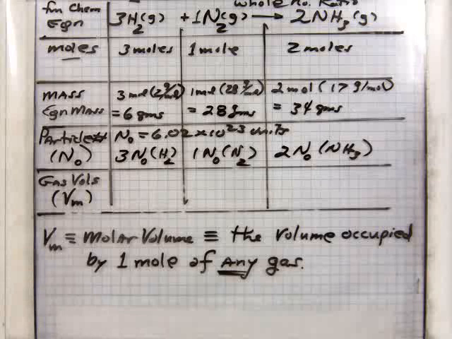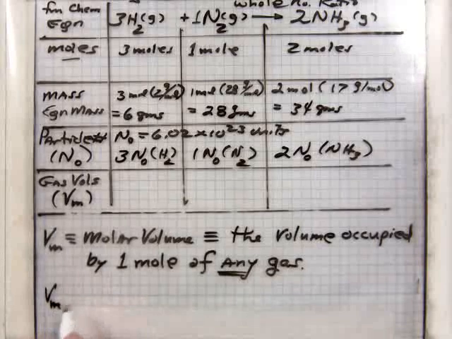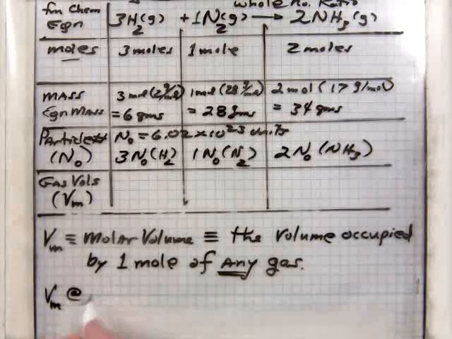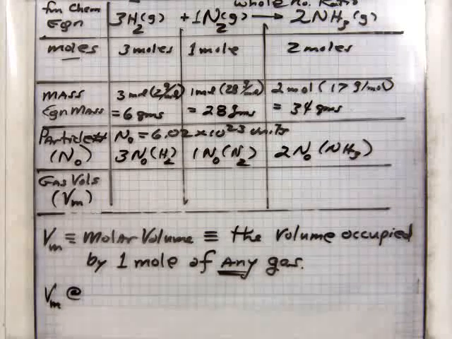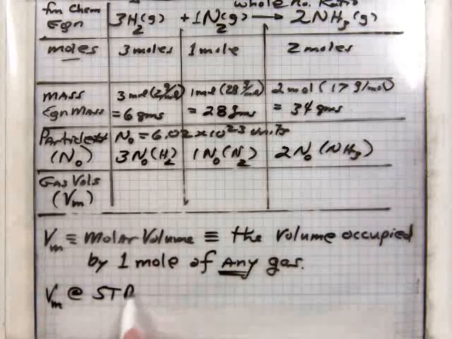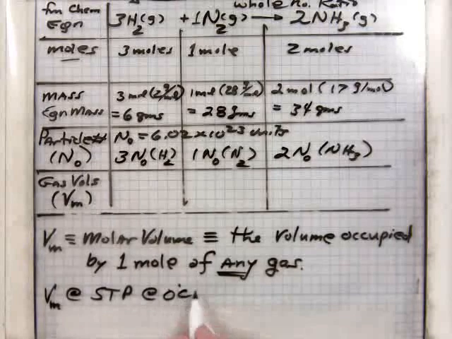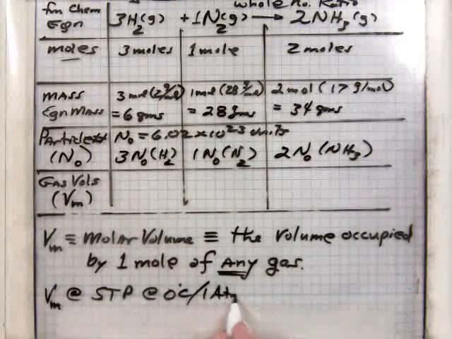Now, it is important to understand that a molar volume being the volume occupied by 1 mole of gas, you can't assign a number to that in the way I've just described it, unless you apply the temperature pressure conditions to the situation. So the molar volume must be specified at a given set of conditions, and is typically under standard conditions called STP, that is at 0 degrees Celsius and 1 atmosphere pressure.